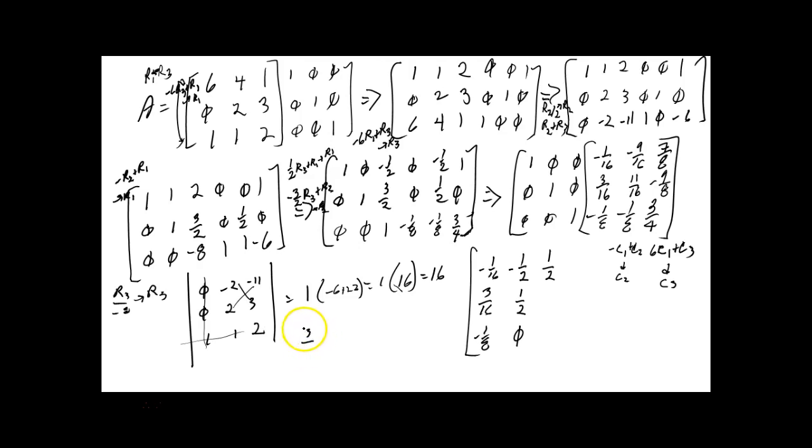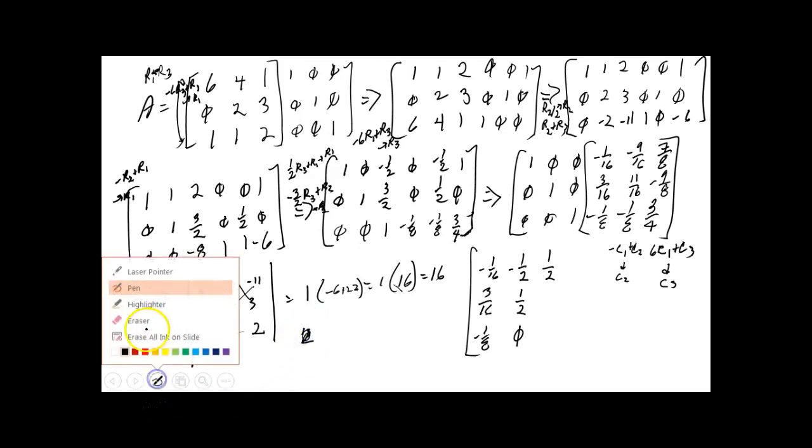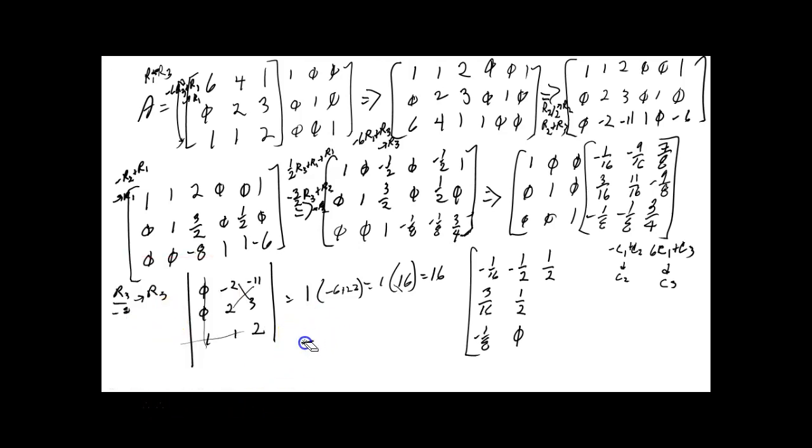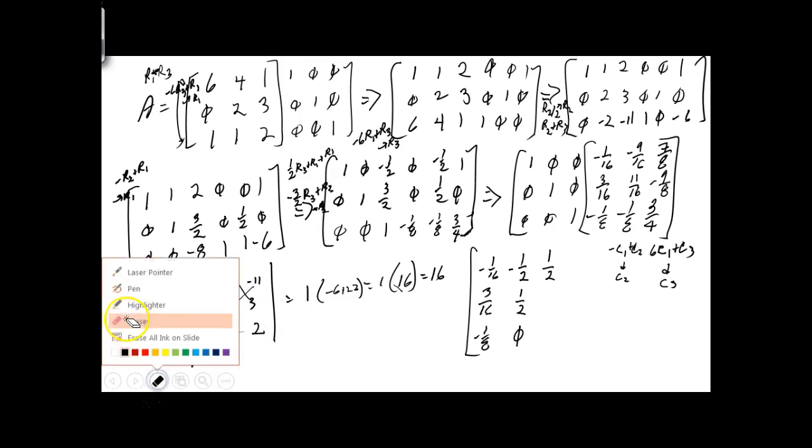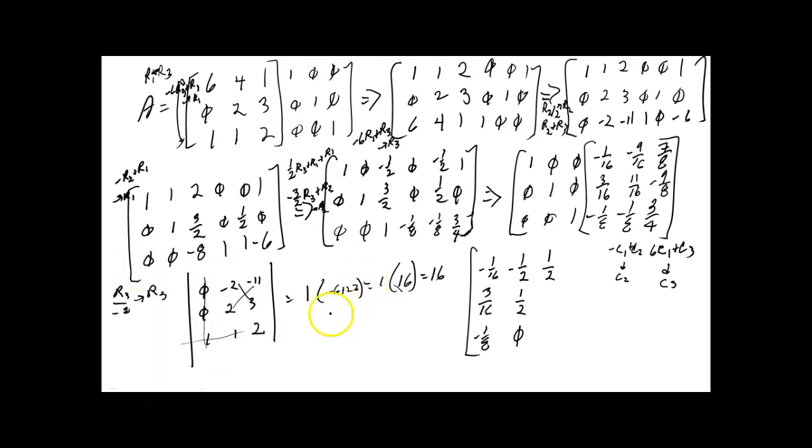Oh, 6 times that is, wait. Let me start over. Okay. Let's write it out. 6 times 3/16. 2 will go into that 3 times, 2 will go into that 8 times. So that gives 9/8 minus 9/8 is 0.